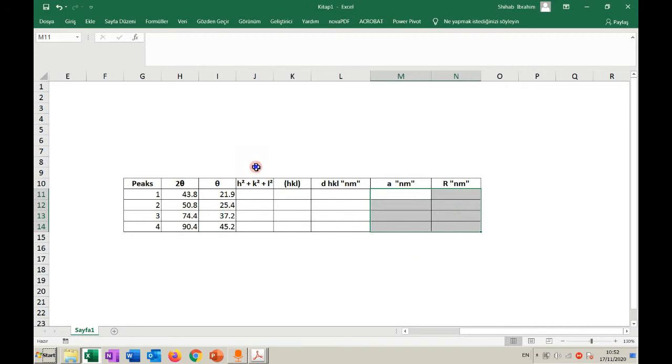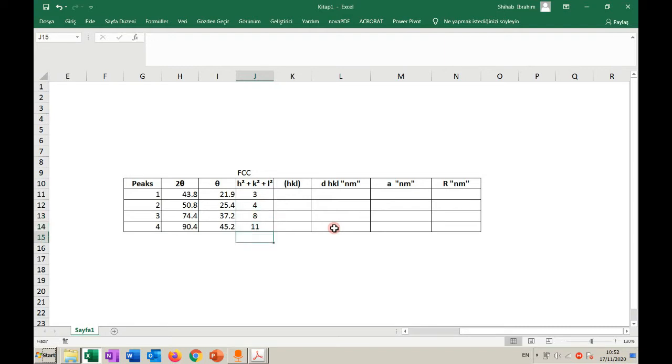Now, since we know the crystal structure is FCC, that basically tells me that we know h squared plus k squared plus l squared. If you remember, for FCC we said that the first peak will be 3, the second one will be 4, the third one will be 8, the fourth one will be 11.